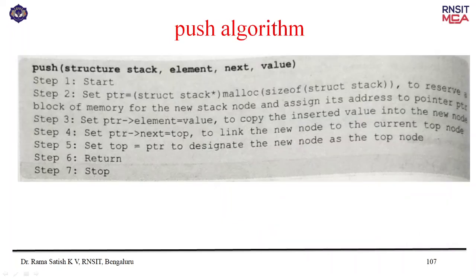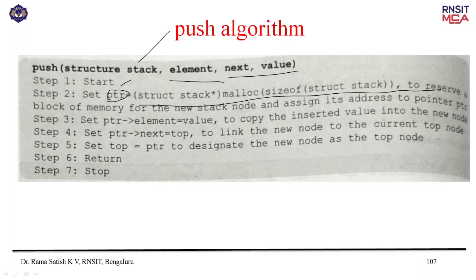Of course, the same things are written in the algorithm. You have a stack, you have the element, you have the next, and you have the value. Now you start, and with PTR you create the memory allocation for the newly allocated node.